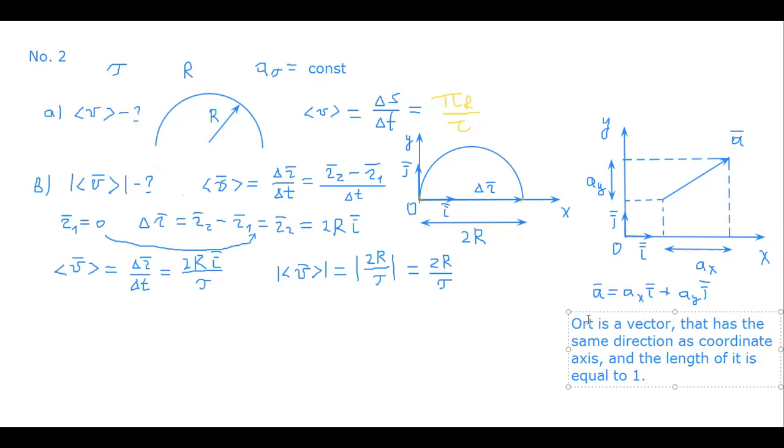So it means that the length of I is equal to 1, and the length of J is equal to 1. So is it clear now?